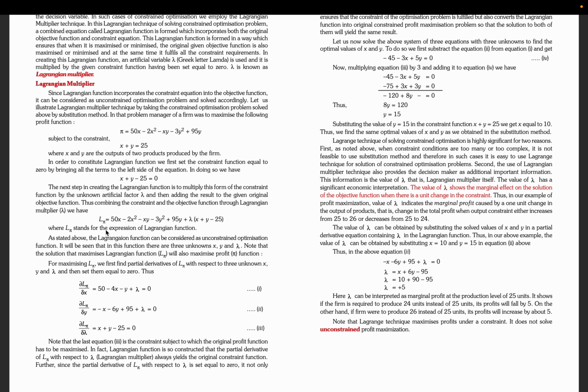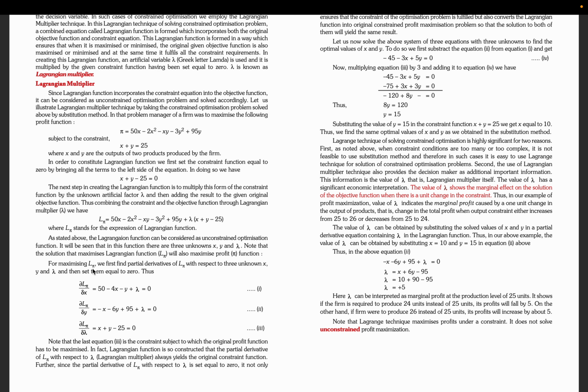L pi, because you are trying to maximize pi, so L pi is the Lagrangian function in this case. As stated above, the Lagrangian function can be considered as an unconstrained optimization function. It will be seen that in this function there are three unknowns, x, y and lambda. Note that the solution that maximizes the Lagrangian function will also maximize pi, which is profit.